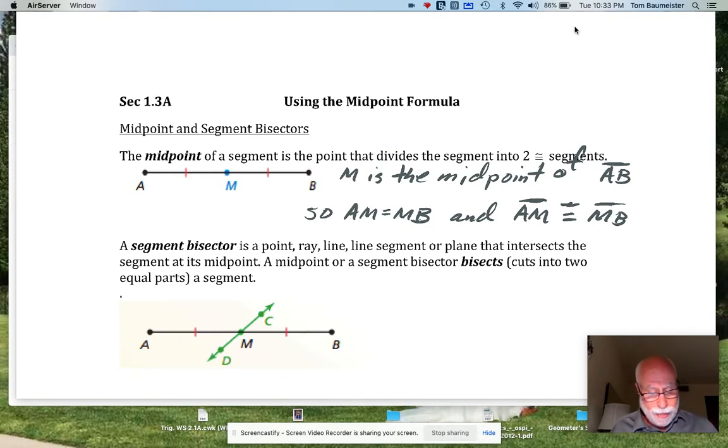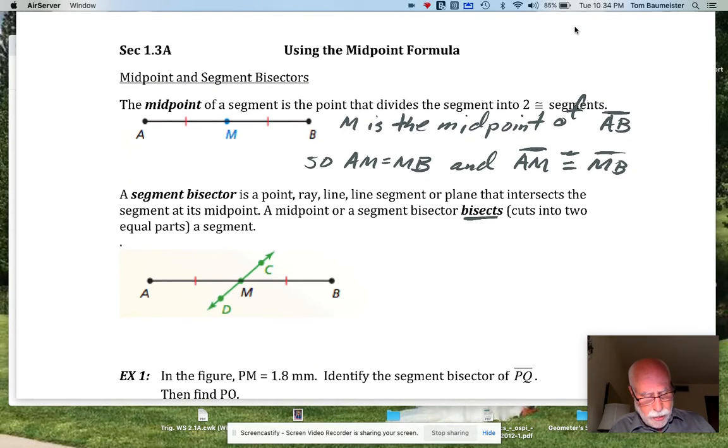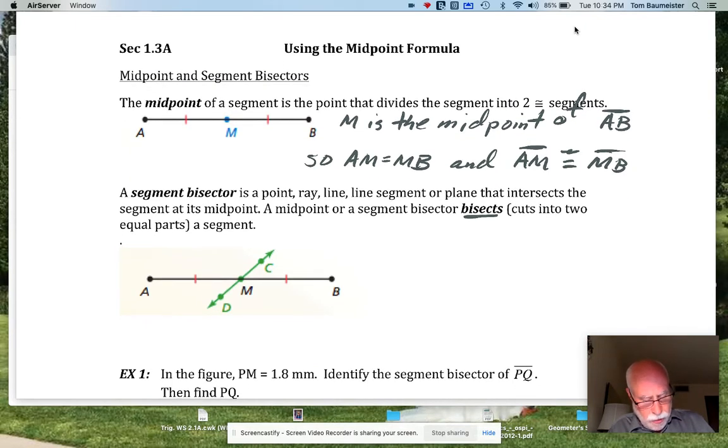All right, so a segment bisector is a point, ray, line, segment or plane that intersects the segment at its midpoint. A segment bisector bisects, or cuts into two equal parts, a segment. So on this one right here, we know that this line, DC, is bisecting or cutting in half line segment AB.